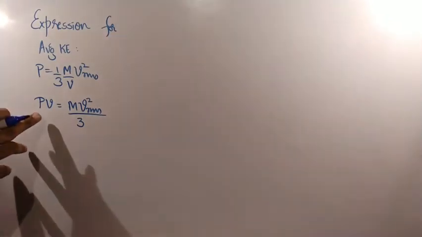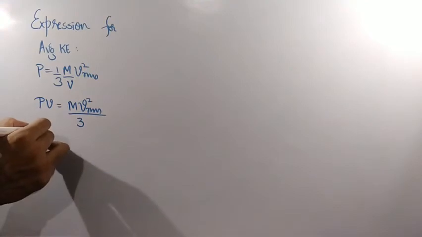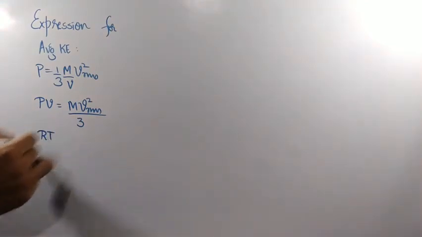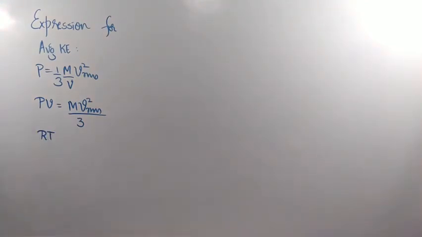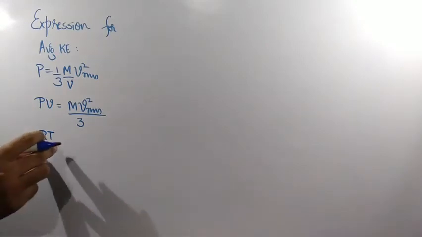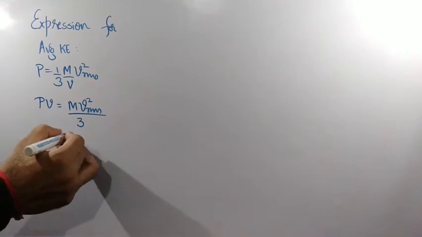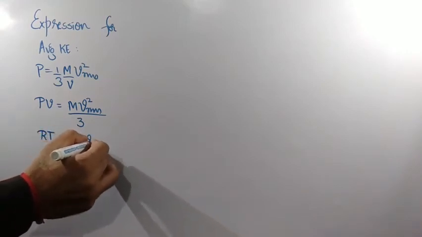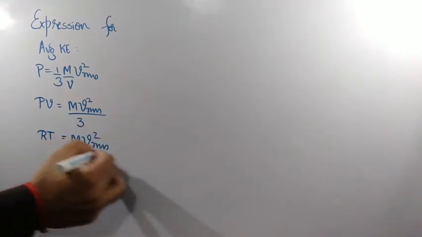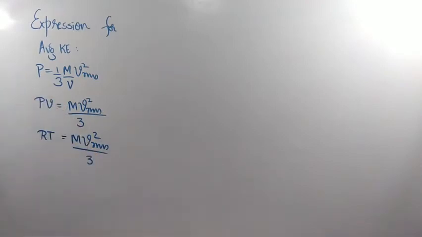But from ideal gas equation we know that PV is nothing but RT, where we are considering only 1 mole of gas. So PV is equal to RT, RT is equal to M V RMS square whole divided by 3. This is the equation only for 1 mole of gas.